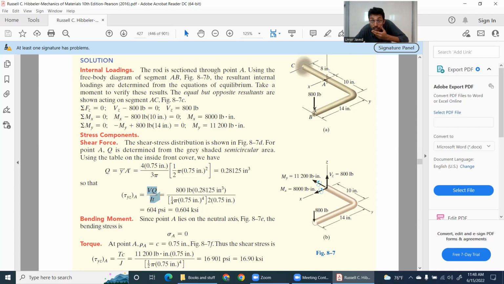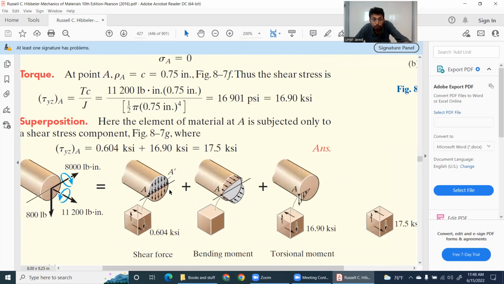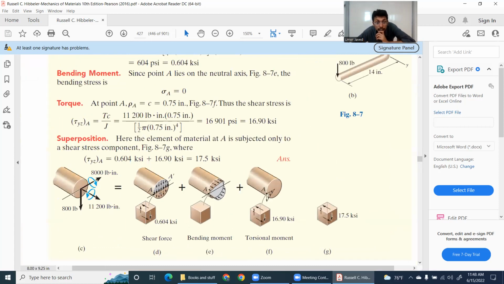The author has, if this is 800, the author has put the reaction 800 here. So if you look at here, for the shear, you can see here that it's not the reaction, but the arrows are directed like this. And if you really want to see, not only shear is like this, but shearing is also happening longitudinally.